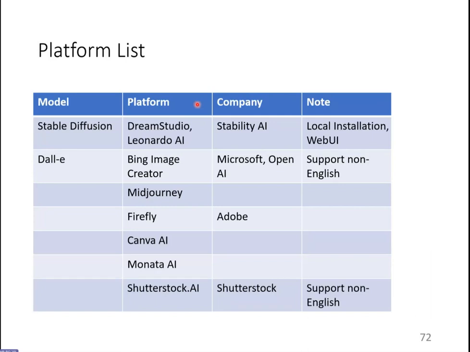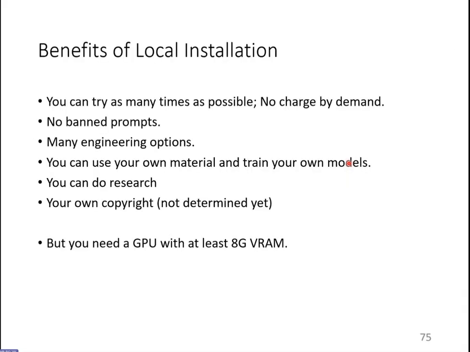It's very easy, just giving them prompts. And some of the platforms even support non-English languages, so it's very convenient if you don't know how to write precise and accurate English prompts.